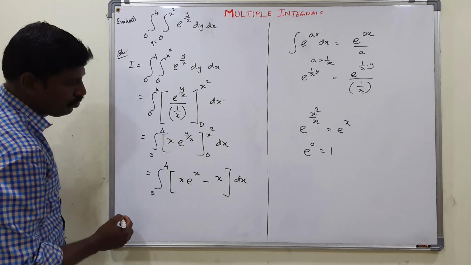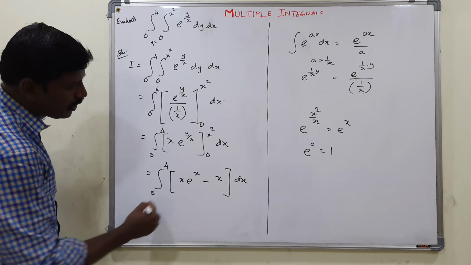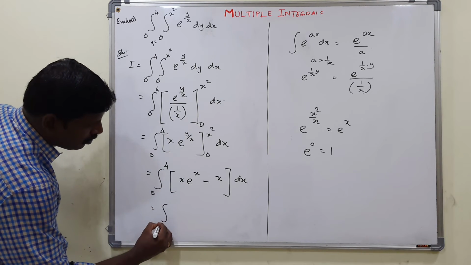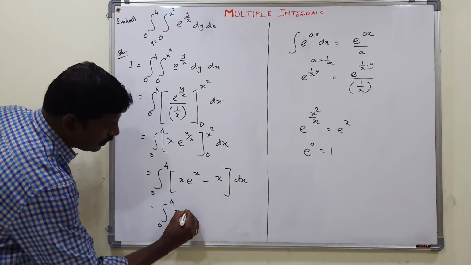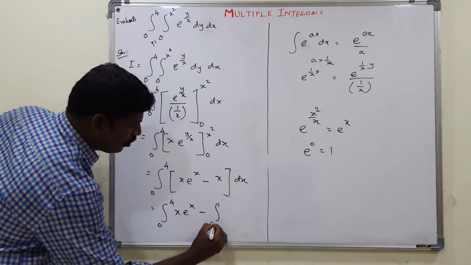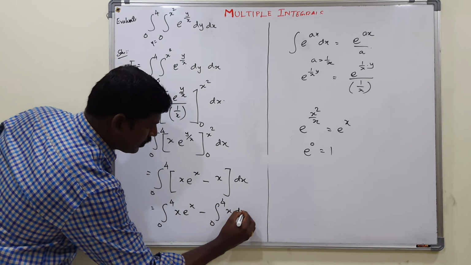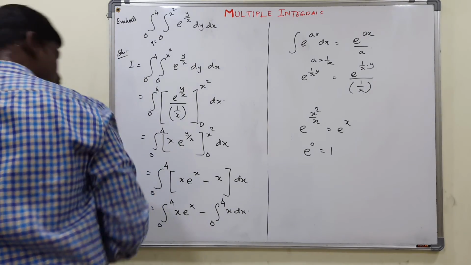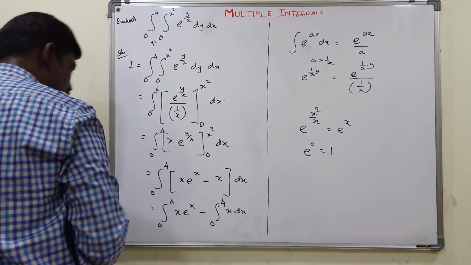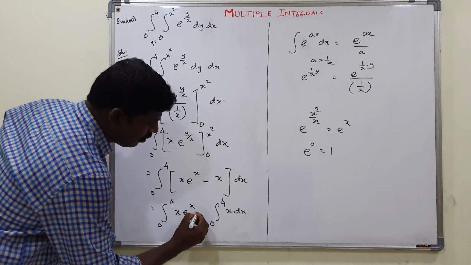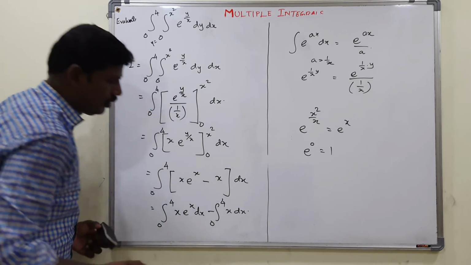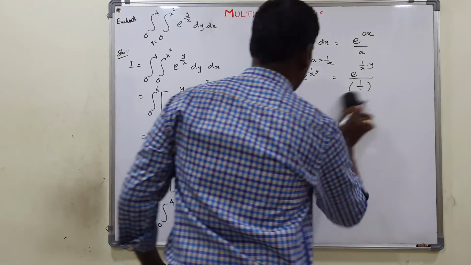That's all. Now you can split it into two integrals: integral 0 to 4 x into e power x dx minus integral 0 to 4 x dx. I forgot to write dx here. So what can we do for the first integral?